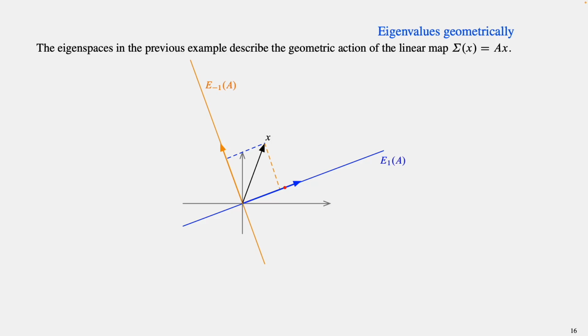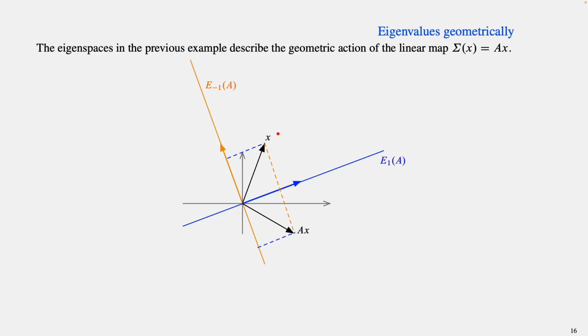And if we apply the matrix A to it, what happens is the component in the eigenspace one direction will just be preserved because this part is multiplied just by 1, so it doesn't change at all. You see that here. But the component along the -1 eigenvector direction will be multiplied by -1, so it will be flipped over with respect to the blue line. So this part here becomes this part here.